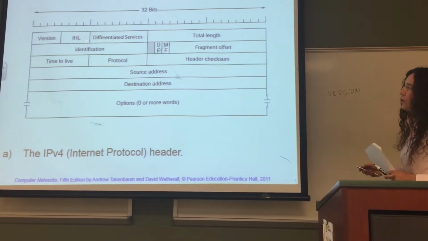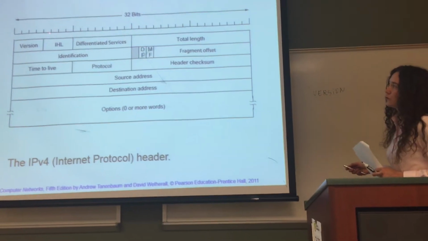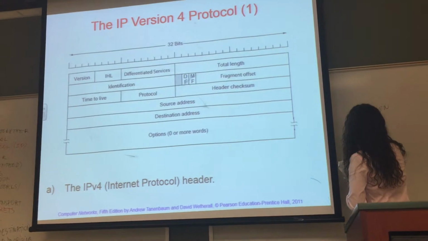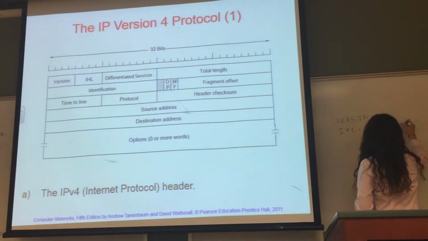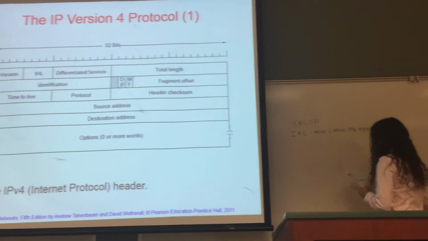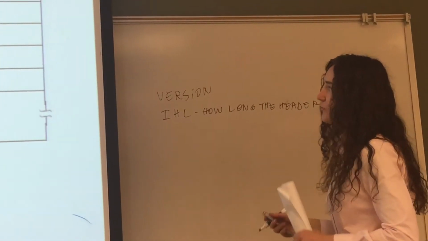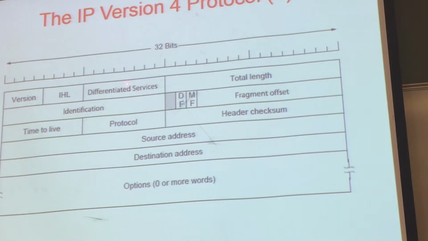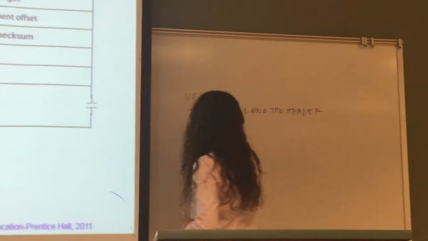This will tell how long is the header in 32-bit words. We have another field called differential services. This will tell the type of service that we're using for this packet.